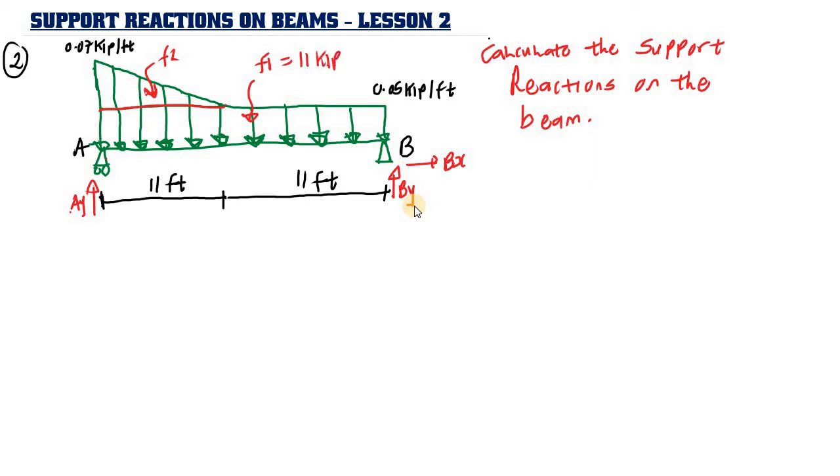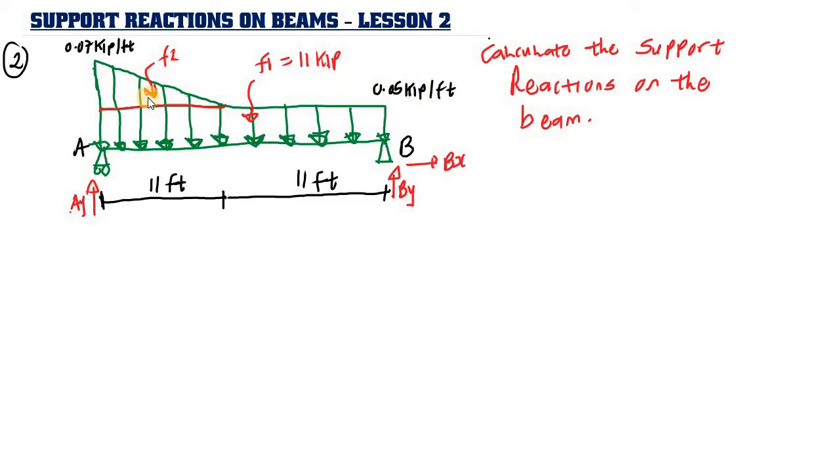Now we also need to calculate F2. How can we calculate F2? We just need to find the area of this triangle. The base of this triangle is 11. Then multiply by the height of this triangle, which is going to be 0.02, because 0.07 minus 0.05 gives us 0.02.